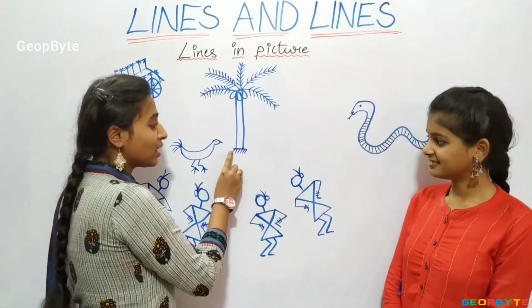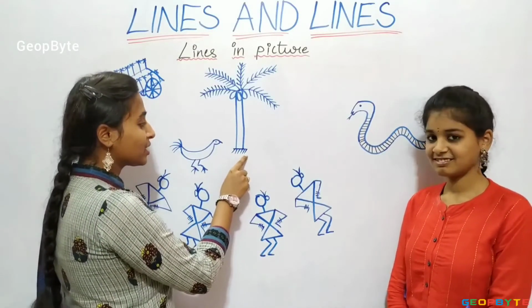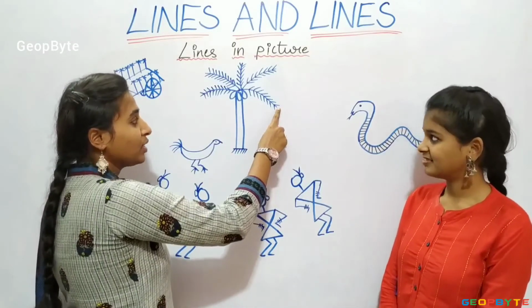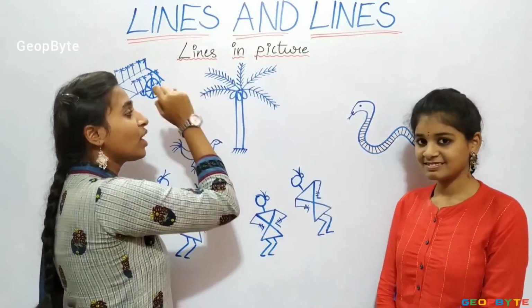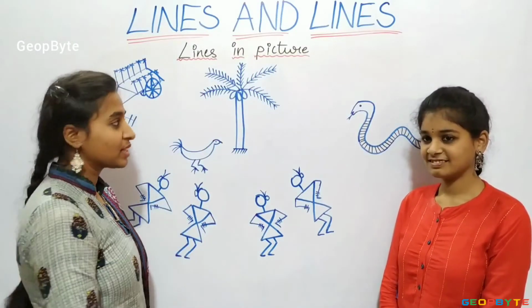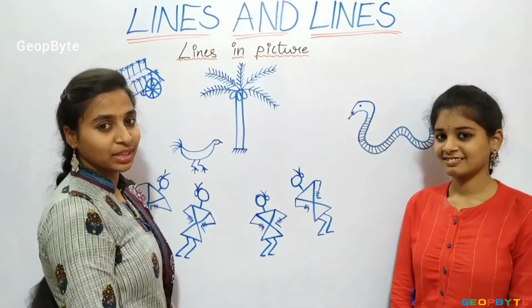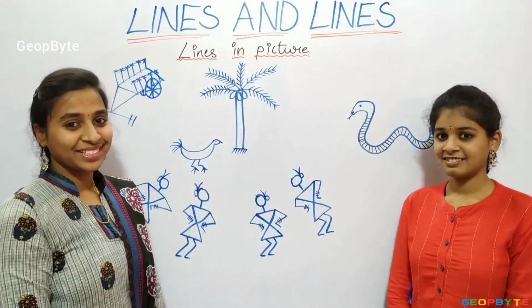There is a sleeping line, few slanting lines and two standing lines. 1, 2, 3, 4, 5. 5 curves and few slanting lines to all the 5 curves, and we also have 3 coconuts.